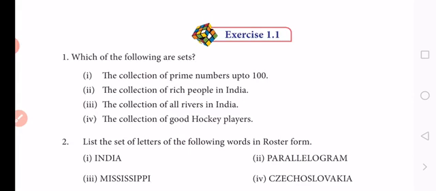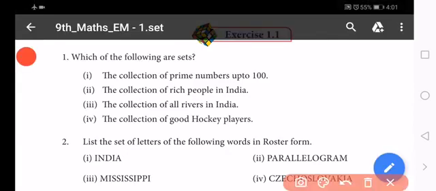The first one is the collection of prime numbers up to 100. What is a prime number? A number which is divisible by 1 and itself is called a prime number. You have already learnt in lower classes what a prime number is and what a composite number is.